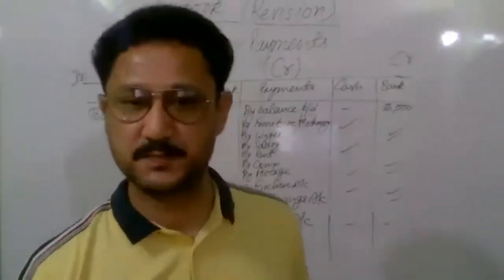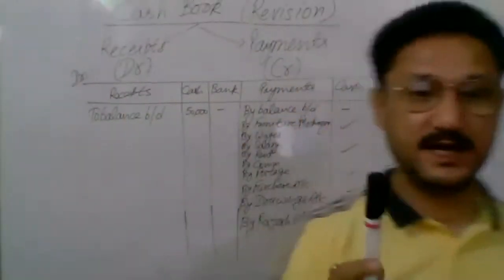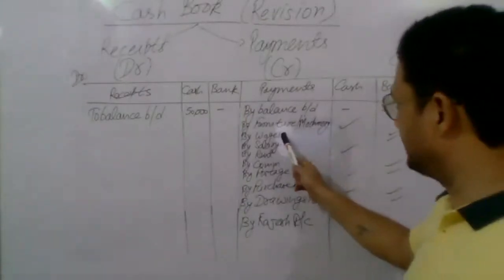So in this way, in the cash book, the payment side is easier. You have to write to whom the payment is made, why the payment is made. If there is any expense, you have to write the name of the expense as it is written here.